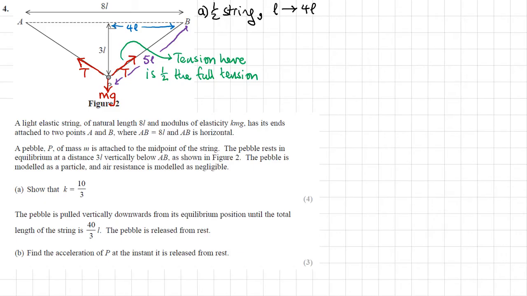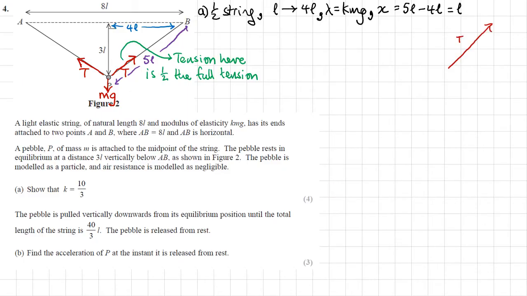The modulus of elasticity is kmg, and then the extension of this half string, it's currently at a length of 5L, and it was previously 4L, so the extension of the half string is just L.